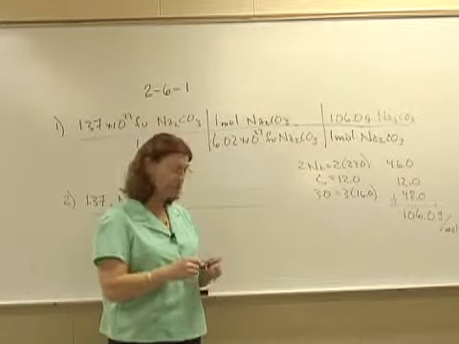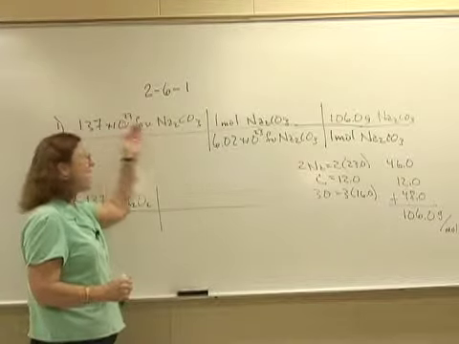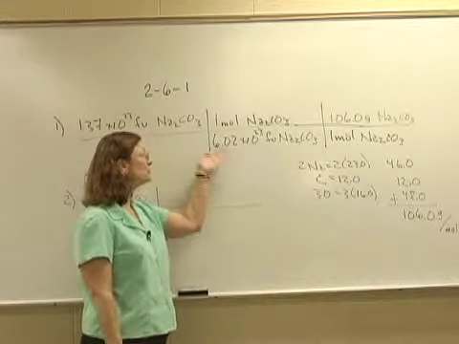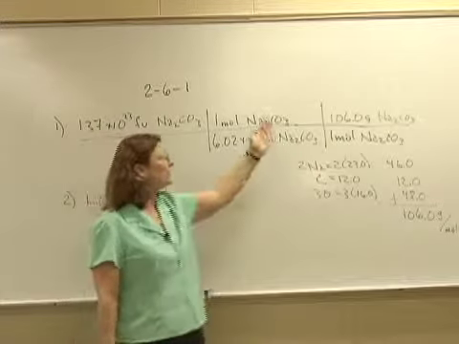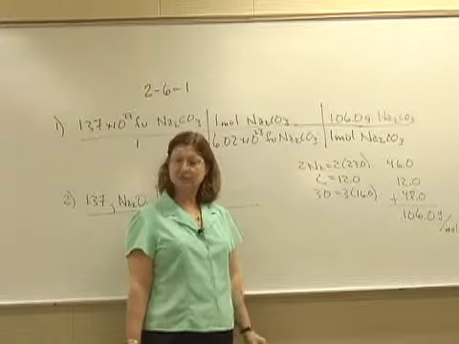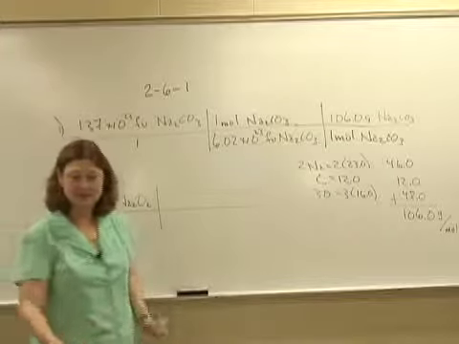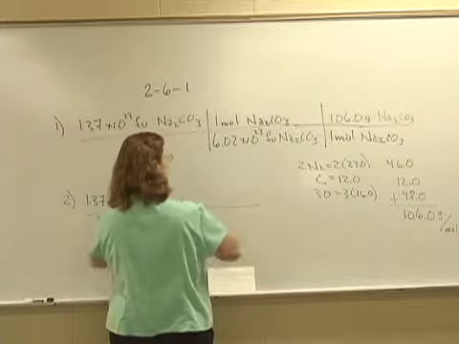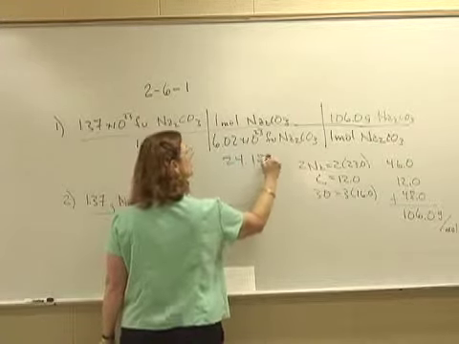In my calculator, when I do this math, I'm going to take my original number and divide by 6.02 times 10 to the 23rd, using the exponent key, not times 10, equals, and then times 106. And the answer that I'm going to get is 24.1229.